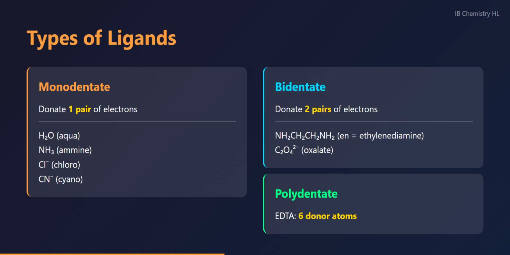Bidentate ligands donate two pairs of electrons. Examples include ethylenediamine and the oxalate ion. EDTA is a hexadentate ligand that can donate 6 pairs of electrons. The coordination number is the number of coordinate bonds formed by the central metal ion. Common values are 4 and 6.